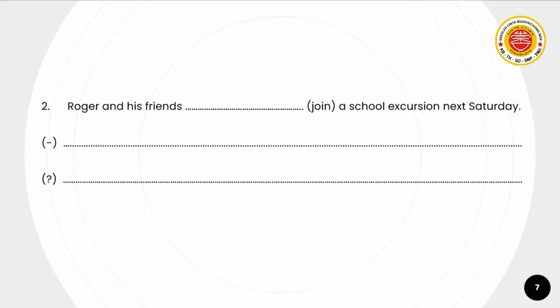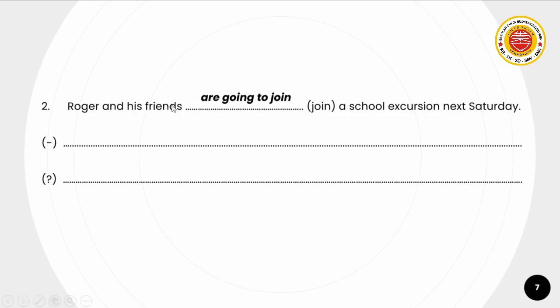Number 2, Roger and his friends blank blank blank join a school excursion next Saturday. So Roger and his friends are more than one person. Jadi Roger dan temannya ini sudah lebih dari satu orang. So we have to use are. So Roger and his friends are going to join a school excursion next Saturday. Don't forget to write down join. Join tetap harus dituliskan.